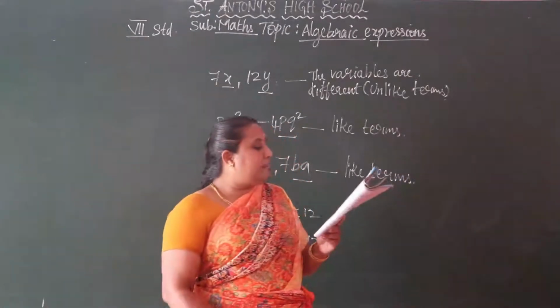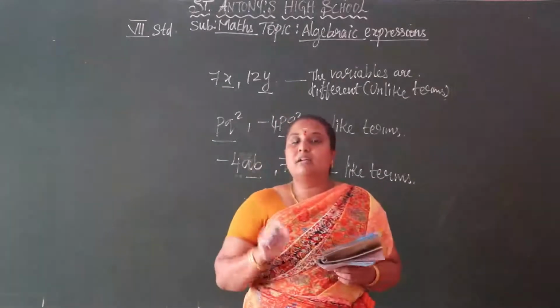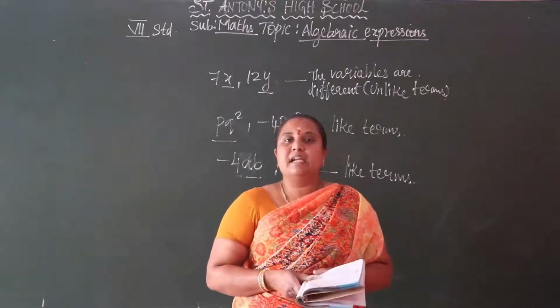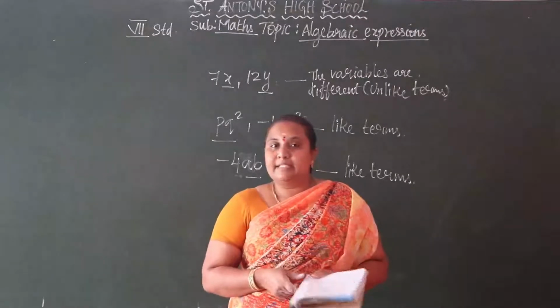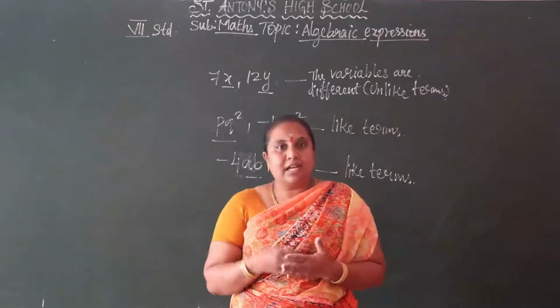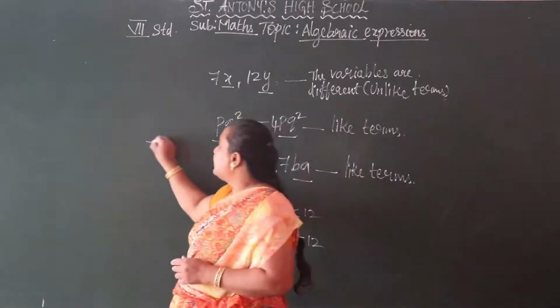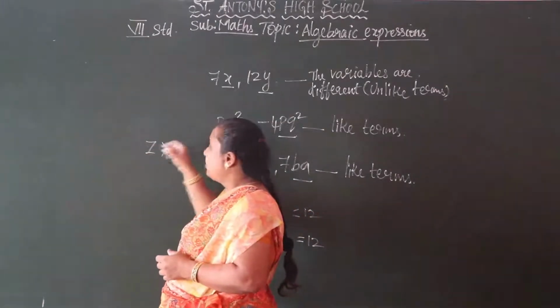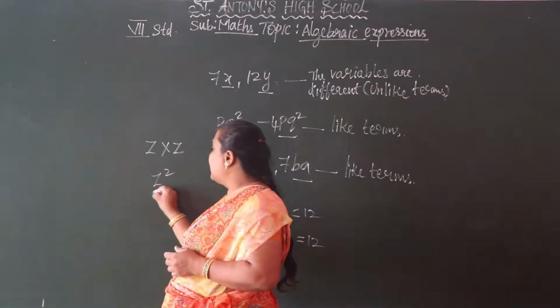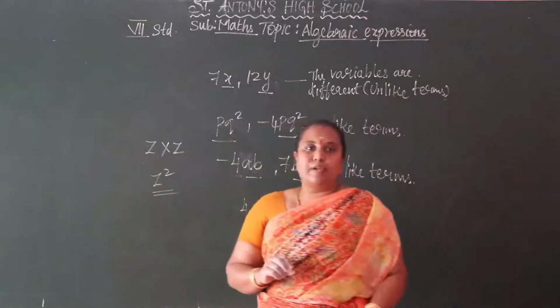Okay, the number z multiplied by itself. Z is multiplied by z only. You have to write z into z, so this we write as z square. So this is the algebraic expression.